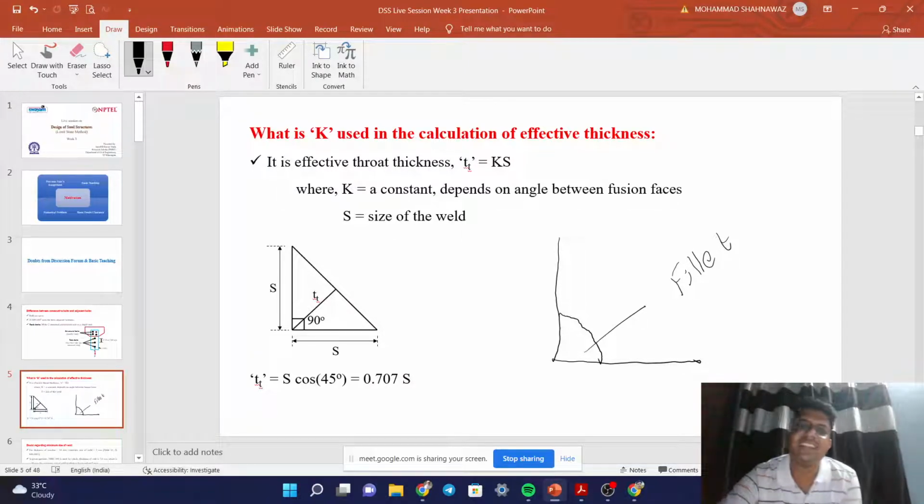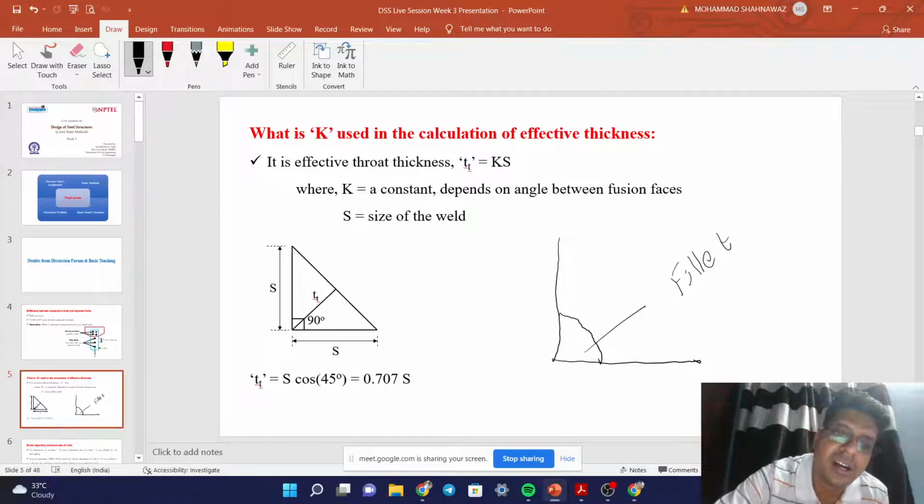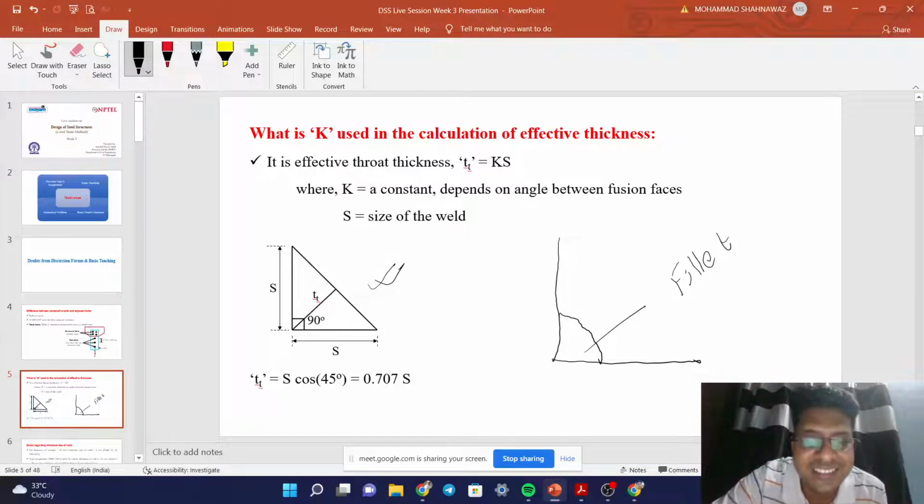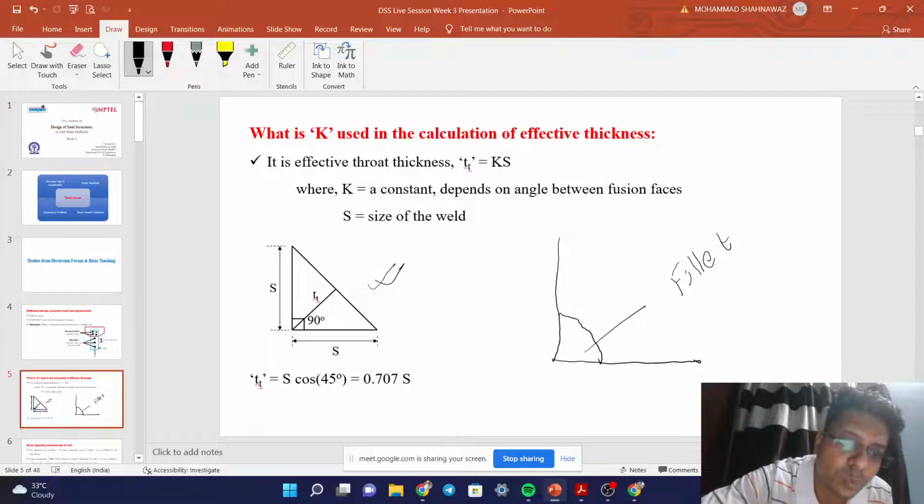Now you can see that in this case, the angle between these two fusion faces, this is one face and this is another face, is 90 degrees.